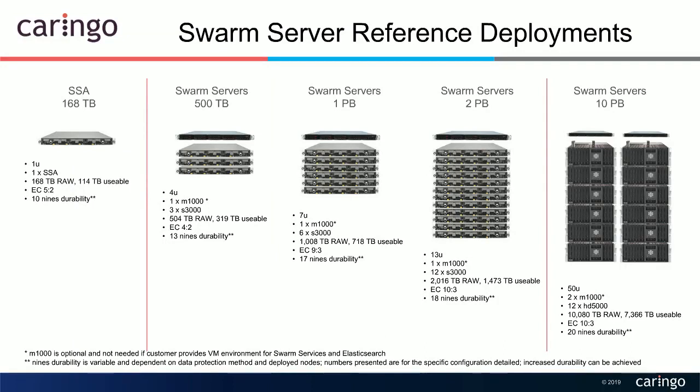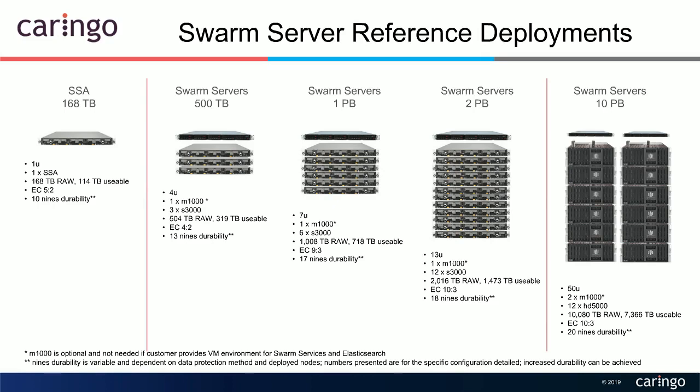So last but not least, we have some Swarm server reference deployments that we advertise and make available to customers as part of our overall appliance approach here at Caringo. They can range as small as being sized for SSA, or what we would call the single server appliance, where it's everything in one server.